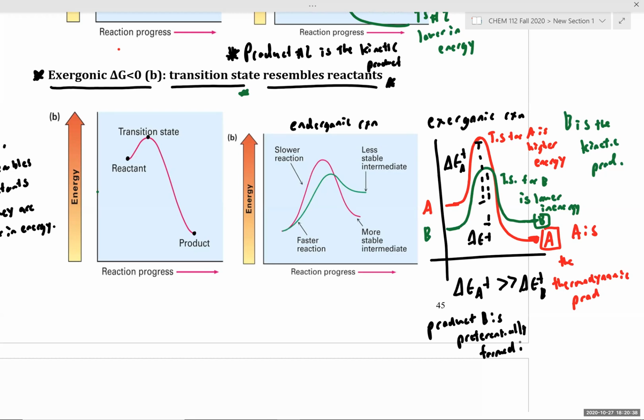So the first thing you have to do whenever you look at a reaction coordinate is identify whether it's endergonic or exergonic. Once you have that established, you can begin to compare the transition state energy, and then from the transition state energies, you can estimate your activation energies, and in turn, estimate which product is preferred.